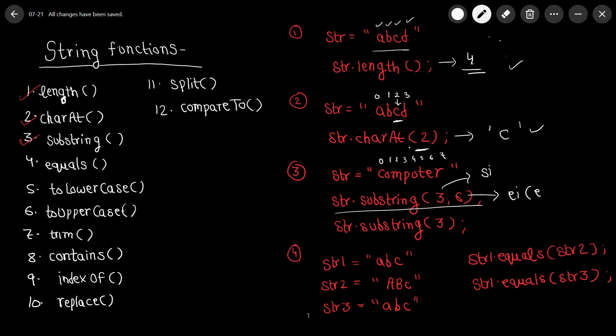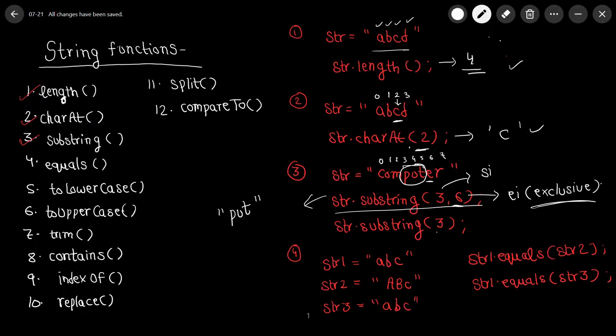The ending index is exclusive. That means if the ending index is 6, we go till 5 only. So we start from the starting index and go till 5, not 6, because it is exclusive. So we get PUT. So this would give me PUT as output.